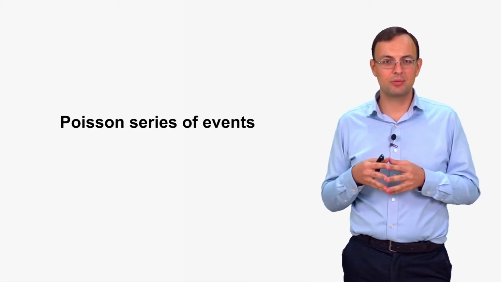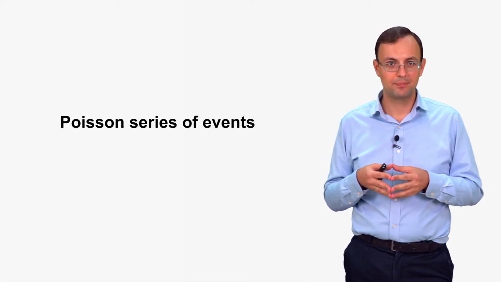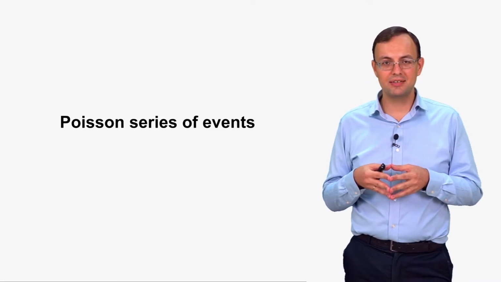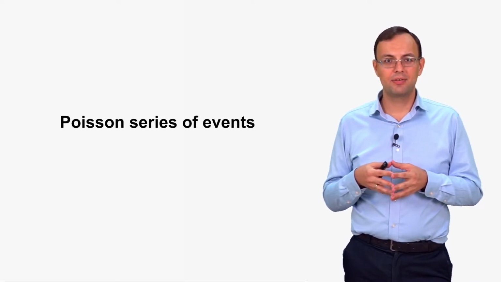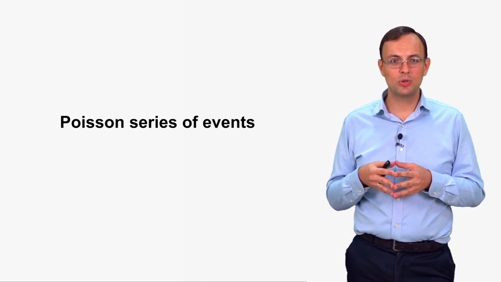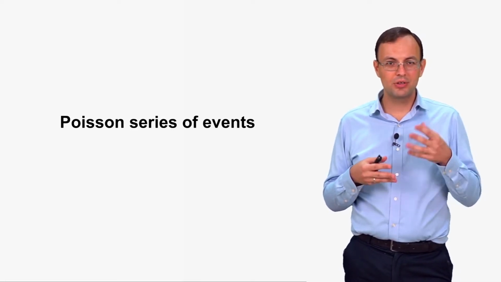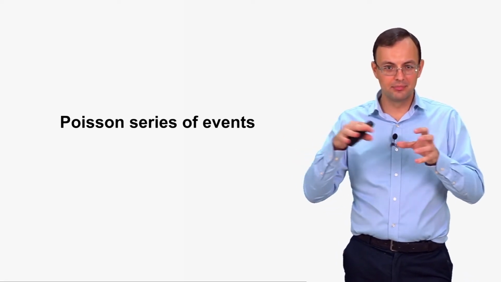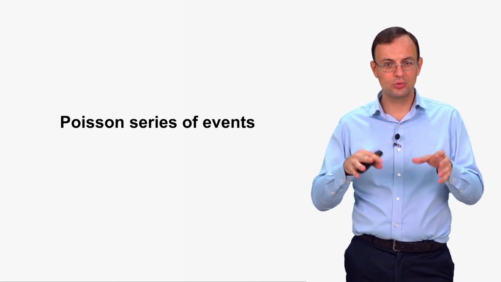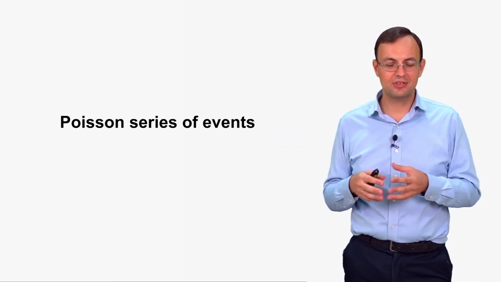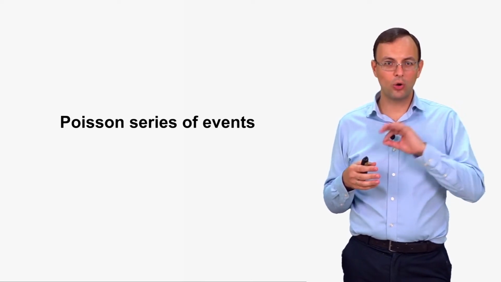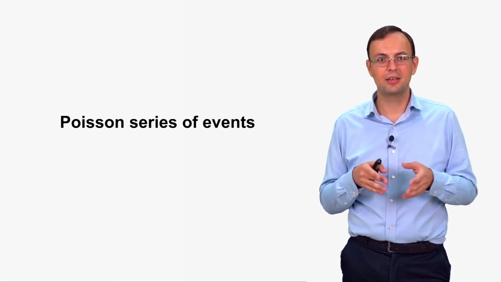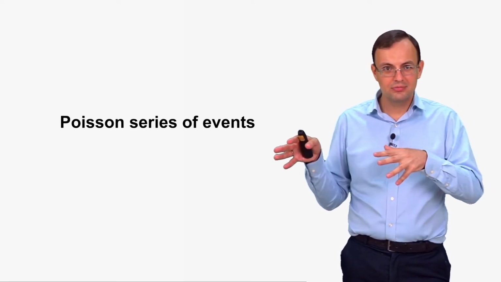So how can this concept of Poisson series be applied to real life? It was discovered that this model is very good to describe what we call queuing systems. A queuing system is, for example, a shop where customers come and buy something and then leave, or a call center where people call to ask some question, and after getting an answer, they just quit this system.